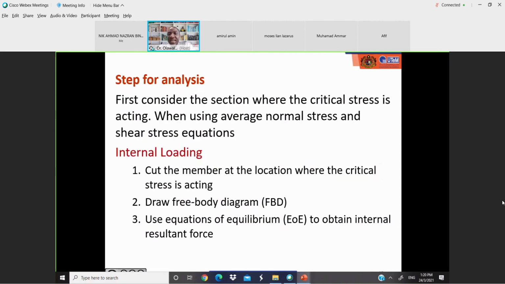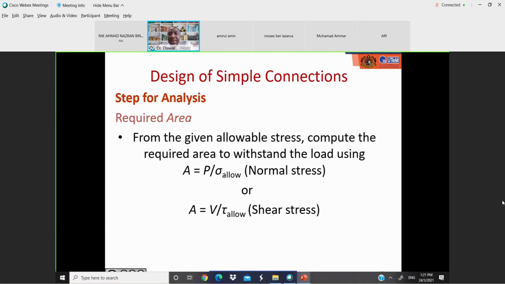So there are steps for analysis. You consider the section where the critical stress is acting. Again, you cut, you draw your free body diagram, then equilibrium equations. So it's the same procedure for you to determine the load. Then you compute the required area, provided you know the allowable stress.